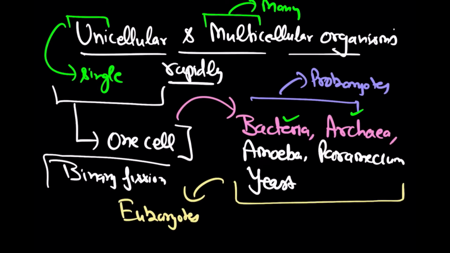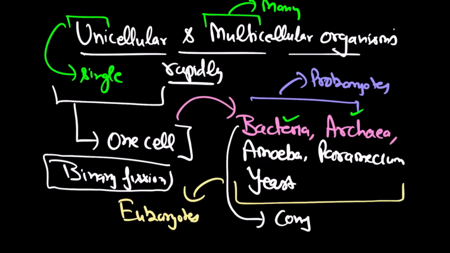So in the case of unicellular organisms, generally what you are going to see is an asexual mode of reproduction by binary fission. Yes, if you remember, in bacteria you can also have a sexual mode of reproduction, that is conjugation. That part we will discuss later. So these are some of the points related to unicellular organisms.